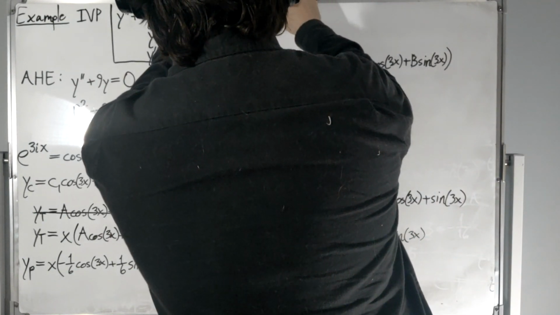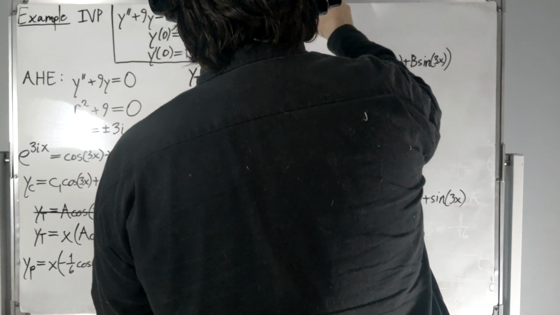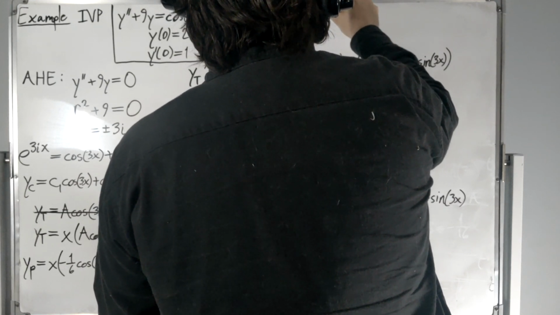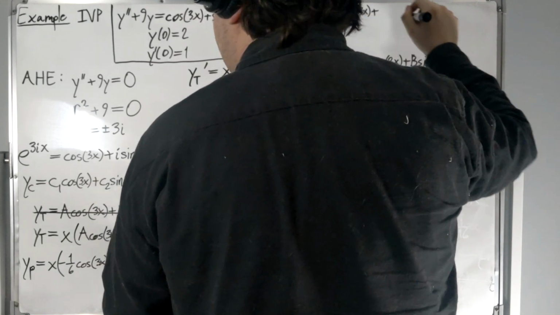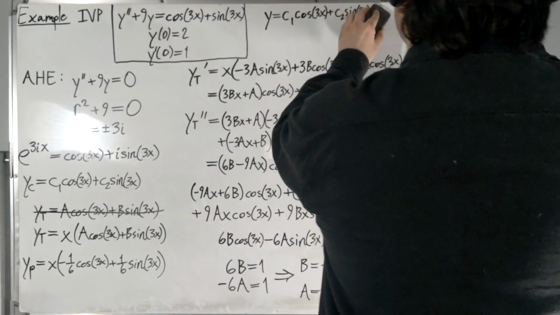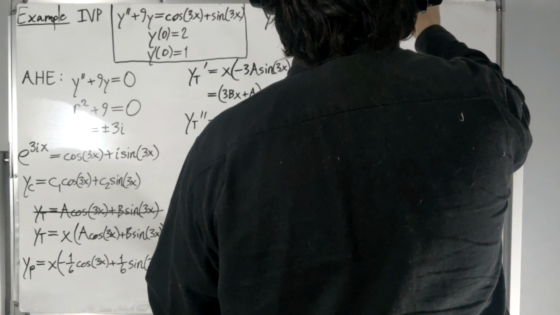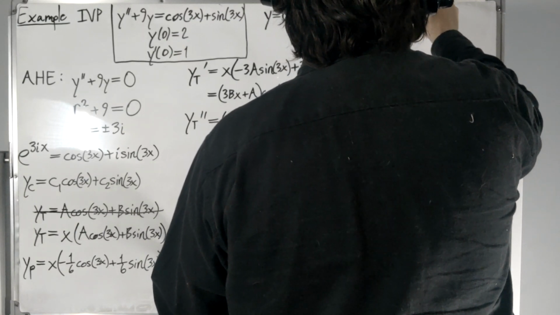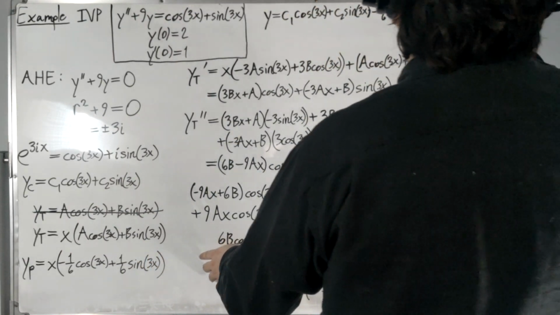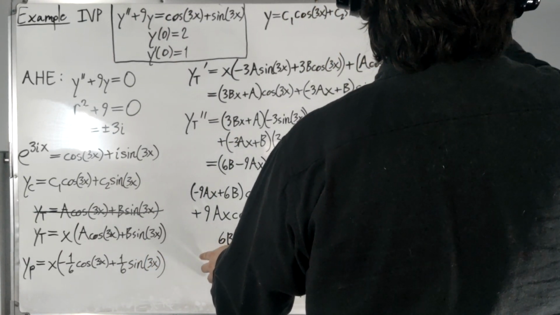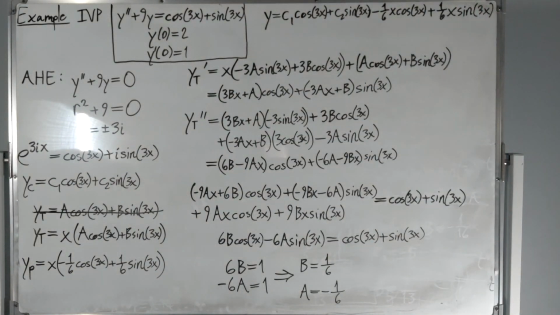So the general solution is just going to be y equals c1 cosine of 3x plus c2 sine of 3x plus, well, we can distribute that x to make it minus 1/6 x cosine of 3x plus 1/6 x sine of 3x. That's the general solution.